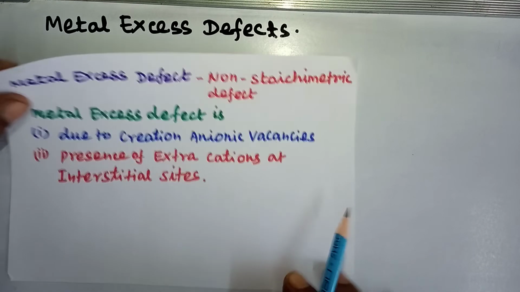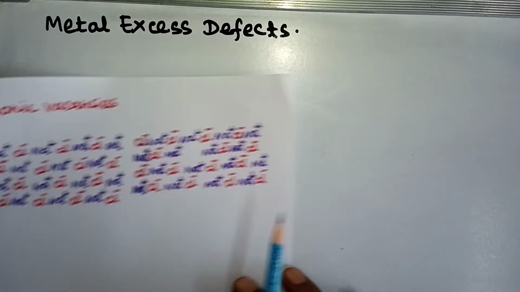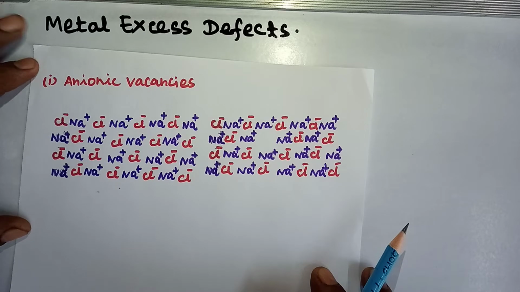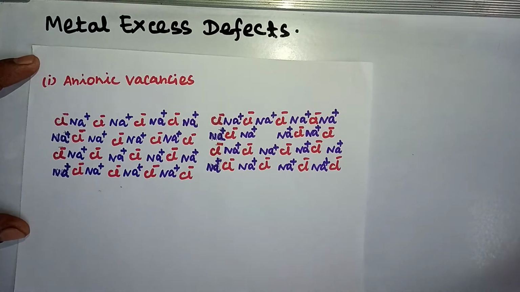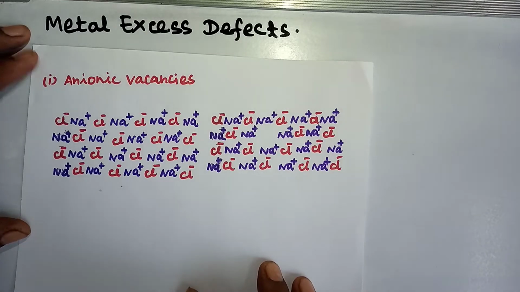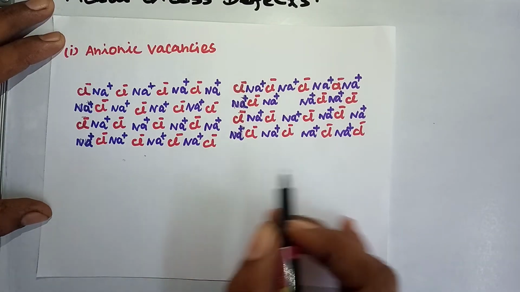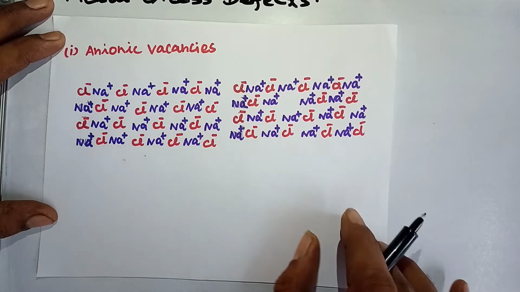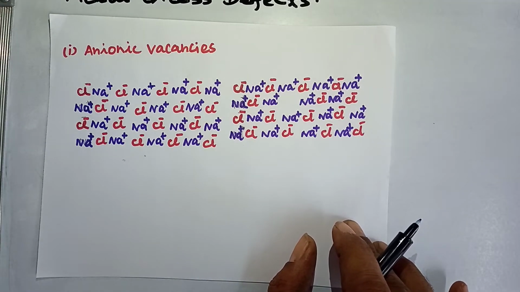Now let us see, with an example, the metal excess defect created by anionic vacancies. Here we are taking the sodium chloride crystal. Before the defect, the number of cations and anions, and their ratio, will be the same.